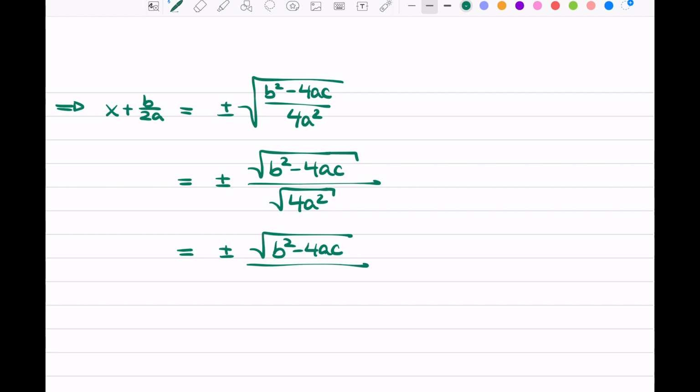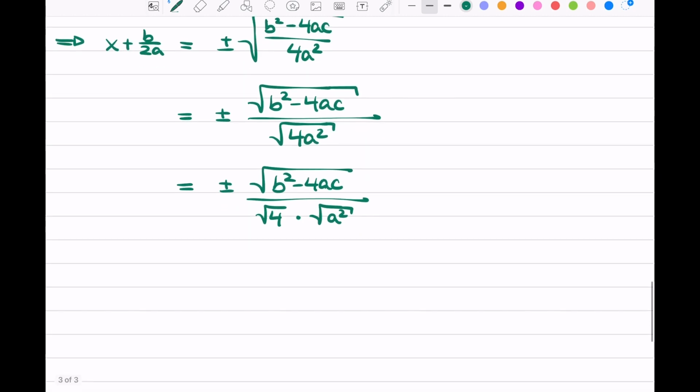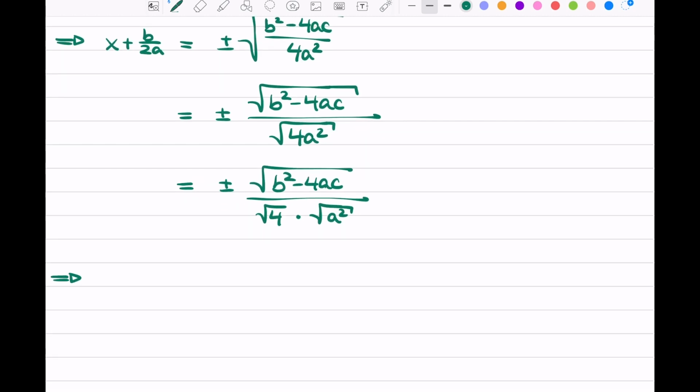We can rewrite that as the square root of 4 times the square root of a squared. Let's bring the left side down again. We have x plus b over 2a is equal to positive or negative square root of b squared minus 4ac. And on the bottom, we have square root of 4, which is 2, and the square root of a squared, which is a.